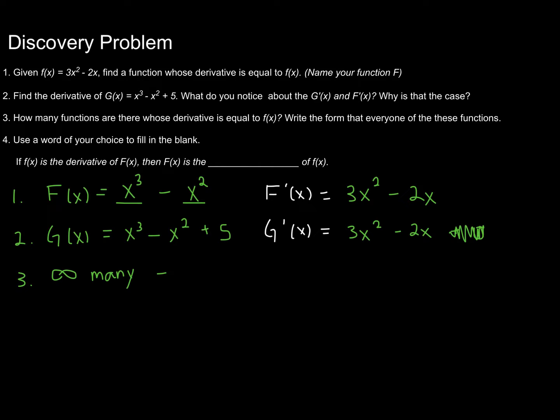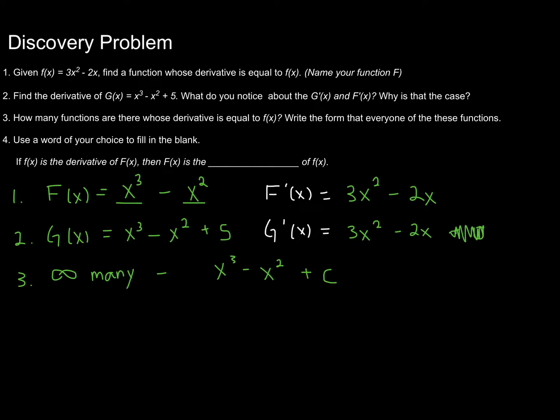So every one of these functions will be x cubed minus x squared, and then it can be plus any number, right? It could be plus a negative number, which would give me minus some value, or it could be plus a positive number, any constant term I want. And so I can represent that with plus c. And notice there are infinitely many ways that I can write this function given a choice of my constant term c.